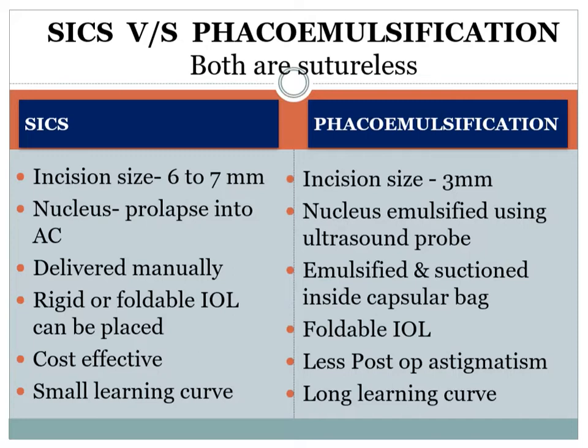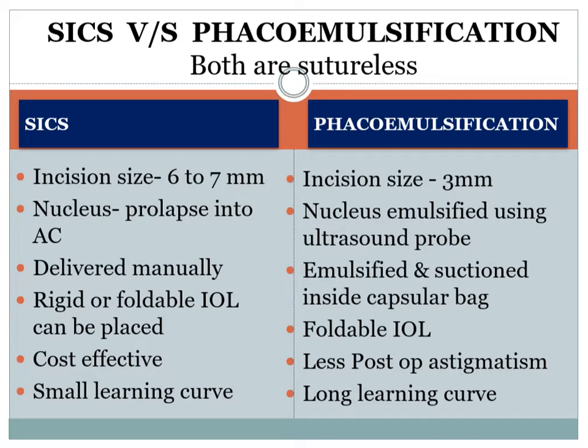So now we will look at what are the differences between small incision cataract surgery and phacoemulsification. So you have to remember that both procedures are sutureless. You don't have to put suture because in both these procedures, what you will be doing is a tunnel incision.